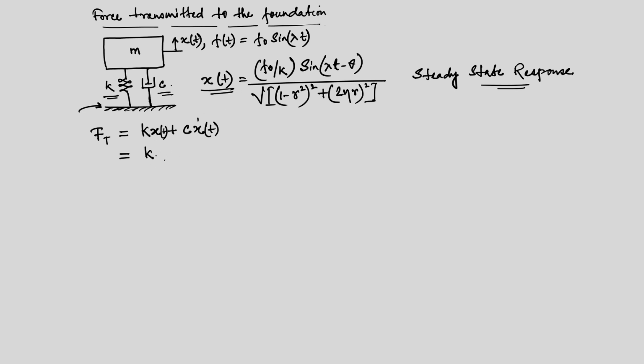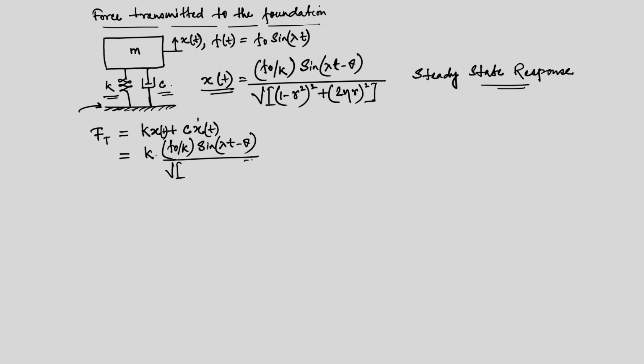So, I can write down the expression of x of t. So, what we have is, in place of x of t we have f naught by k sin lambda t minus theta divided by the third bracketed term.